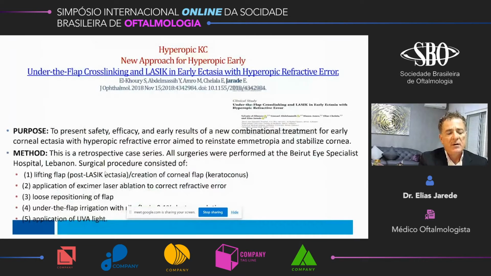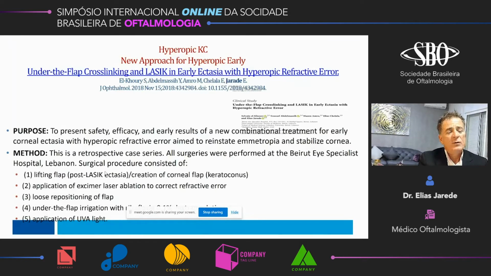Again, we do some cross-linking under the flap in case of early ectasia or early keratoconus with hyperopic shift and enough stromal thickness. Using the intralase in case of early keratoconus with hyperopic shift, hyperopic refraction, we do the intralase with a 90 micron cut. That would imply cutting around only 40 microns of stroma, and the rest accounts for the epithelium.